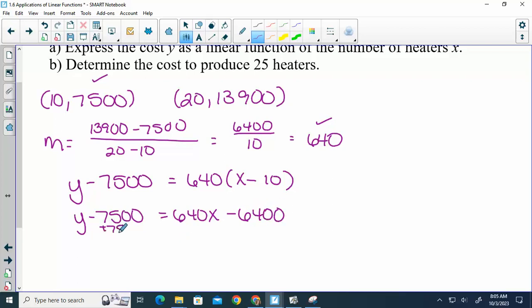Add over the 7,500. So y equals 640x plus 1,100.